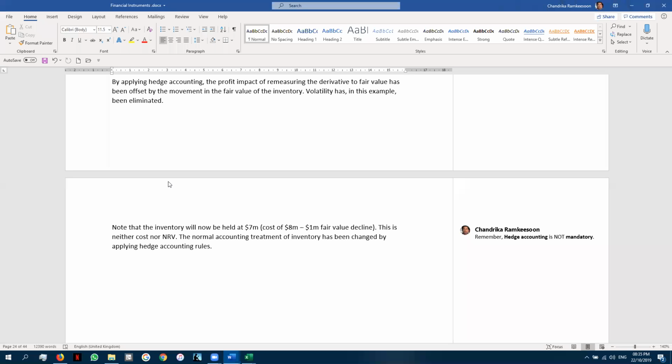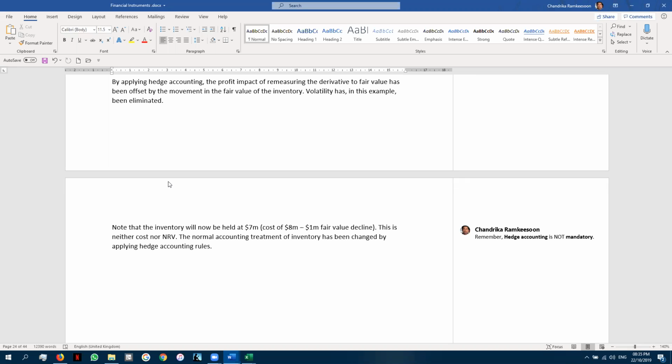This is one reason why I have noted the comment, remember, hedge accounting is not mandatory. I told you that usually, okay, it would conflict with the application of the typical standard, usually IAS 2.